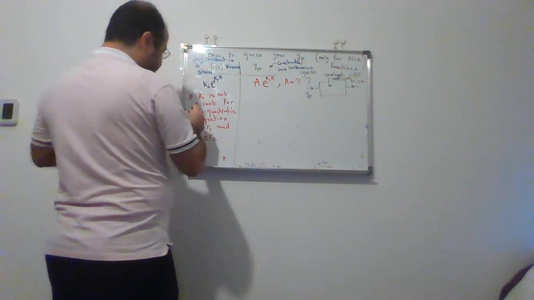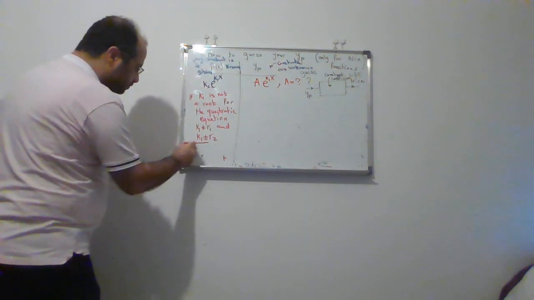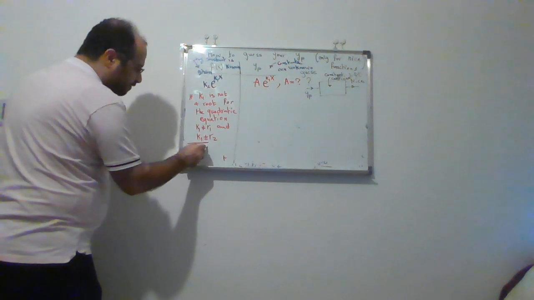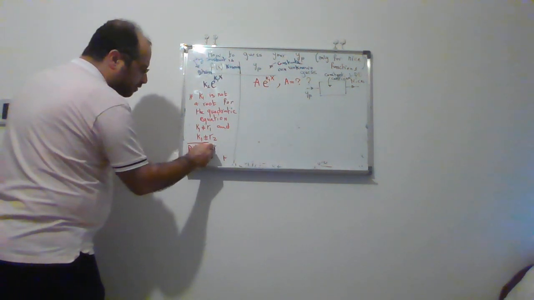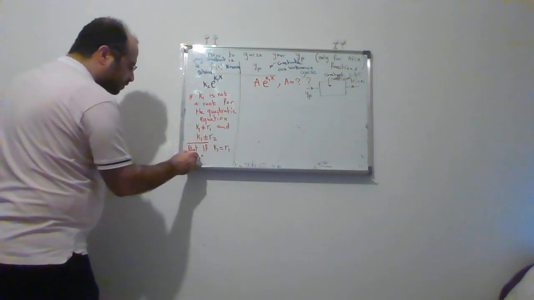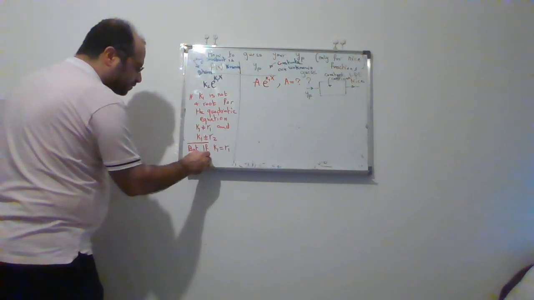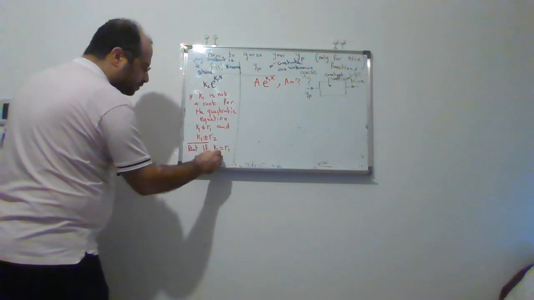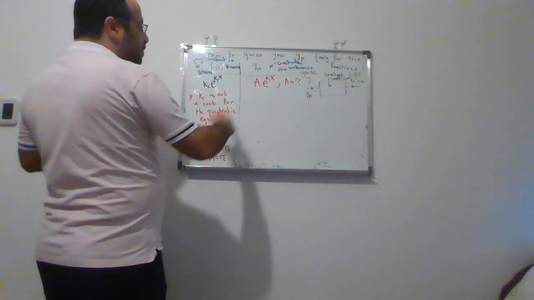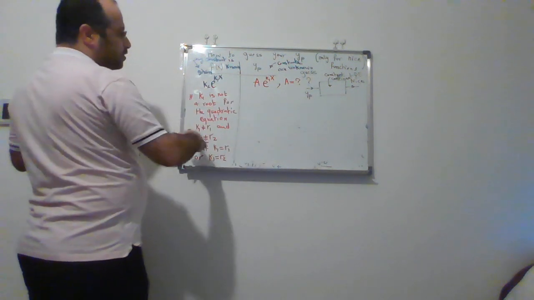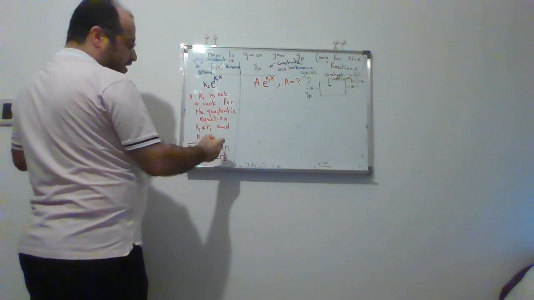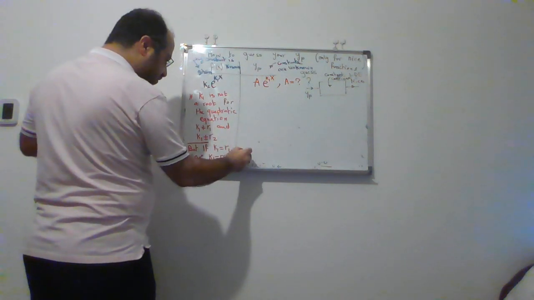But if k1 equals r1 or r2, then you're going to have a match between y homogeneous and y particular, for this case only.